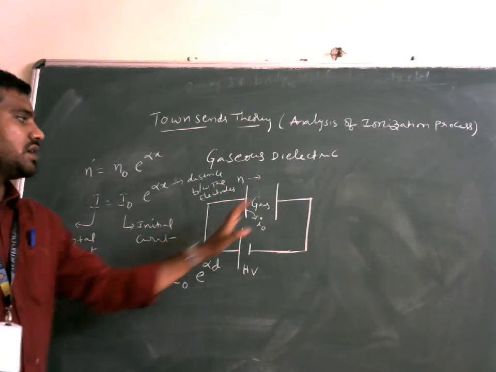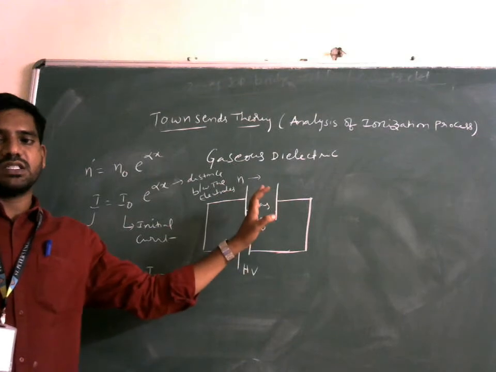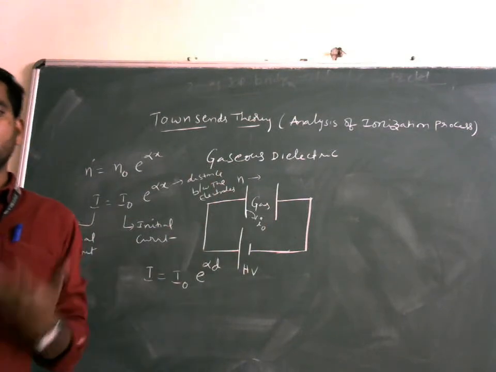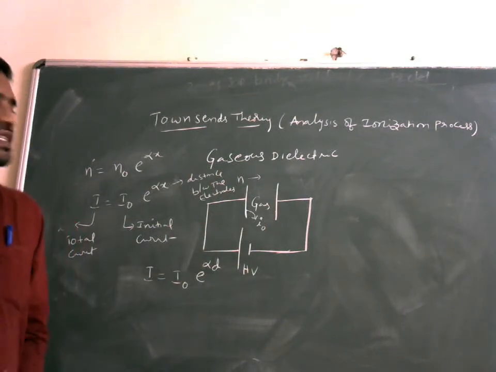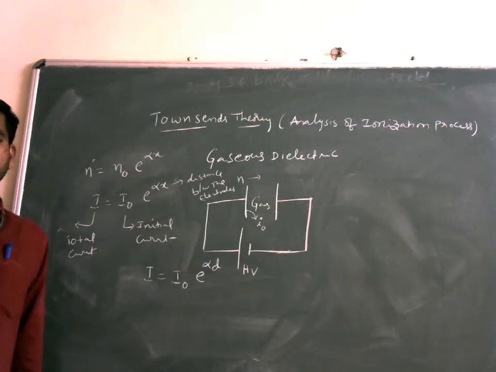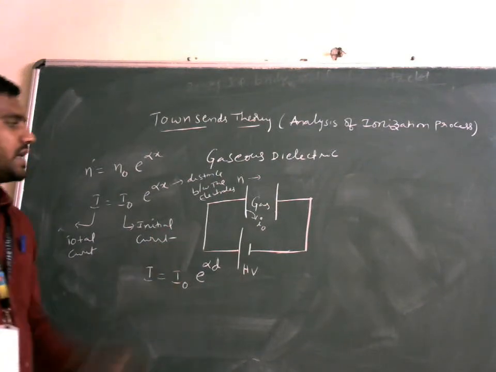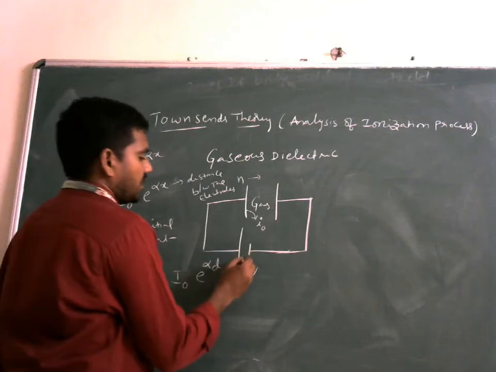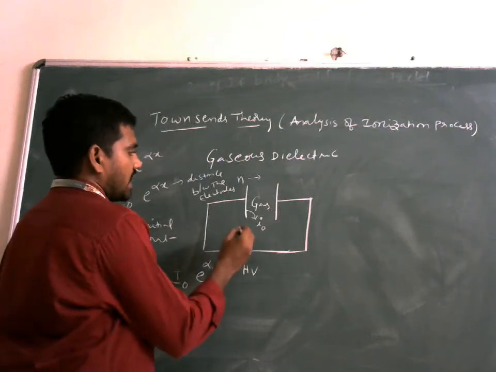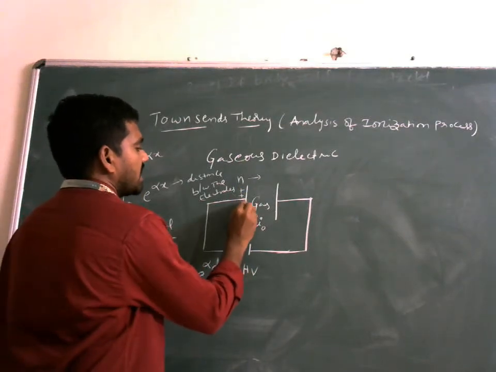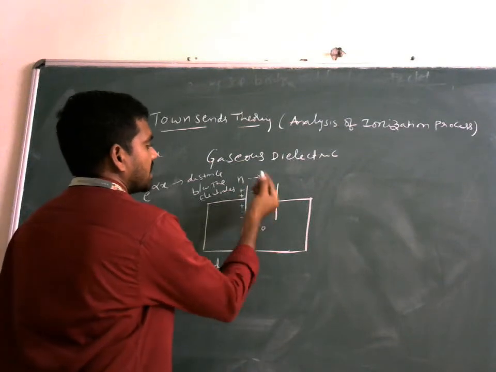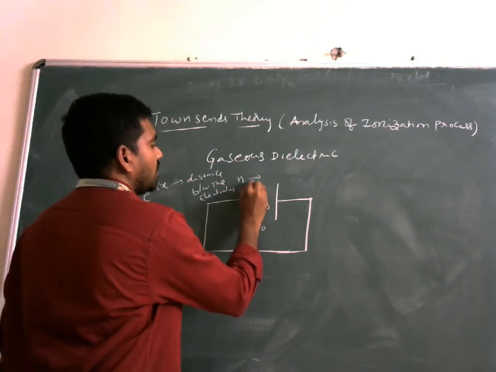We know that whenever some disturbance occurs, the dielectric will fail. The gas dielectric here is air. What happens when a high voltage is applied? Some electrons accumulate and move from anode to cathode.